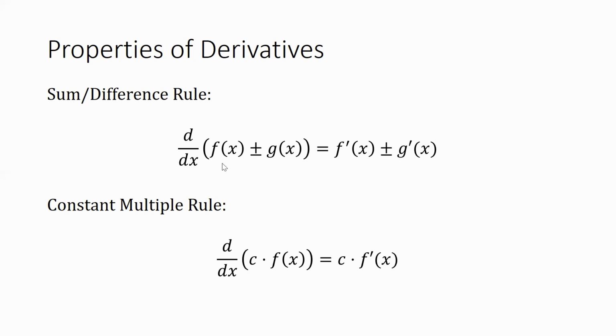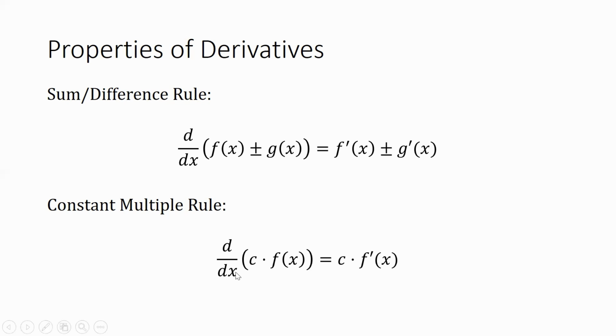This is really handy when I have a polynomial with like 2 or 3 or 4 terms, because then that means I can take the derivative of the first term, derivative of the second term, and just keep going about that way.